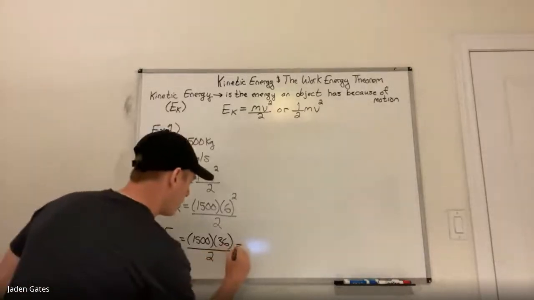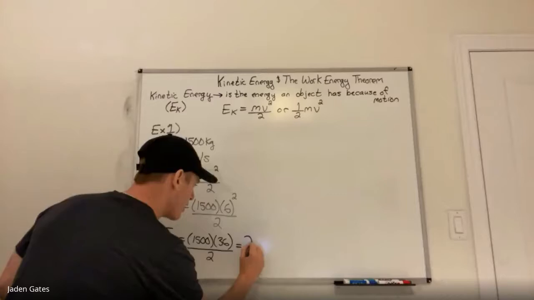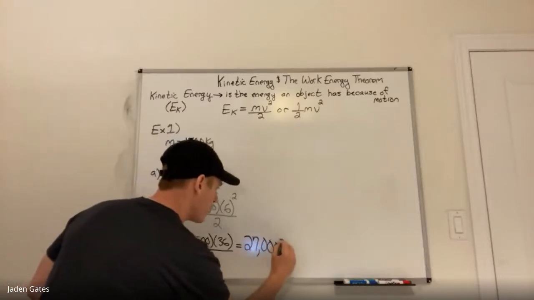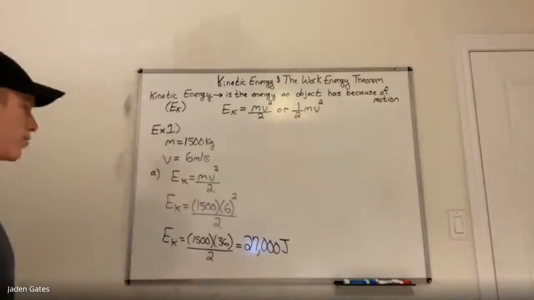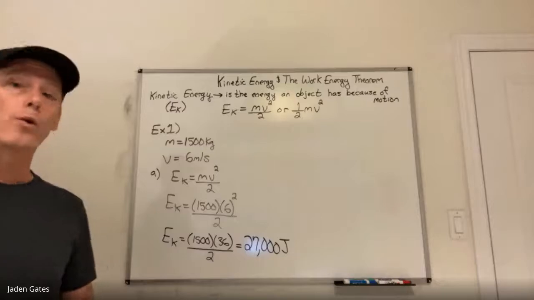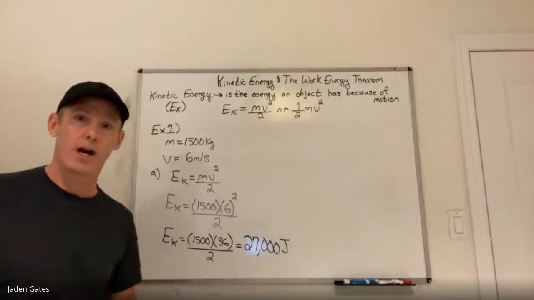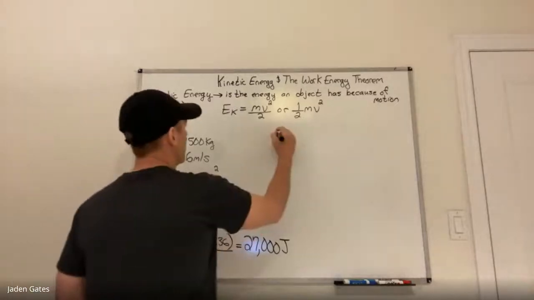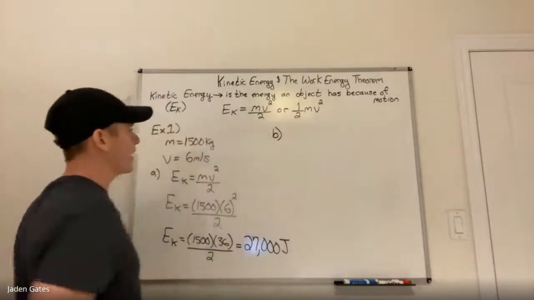The whale has a kinetic energy of 27,000 joules of energy. So the bigger you are, the more kinetic energy you have, or the faster you go, you can have a lot of kinetic energy. And of course, if you have both, then you're going to have a ton of kinetic energy.